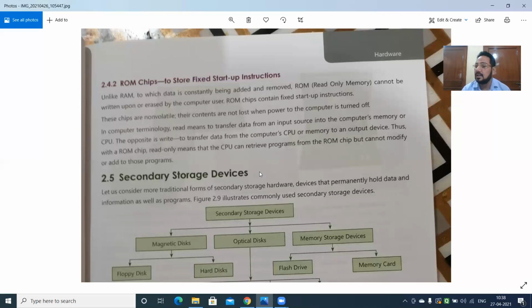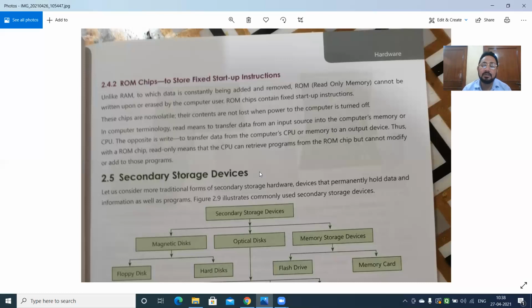Read means to transfer data from the ROM chip to the processor or RAM, and then it displays onto the screen. Normally it gives the startup information. So at startup, only the information written in the ROM is read, and you cannot write it.